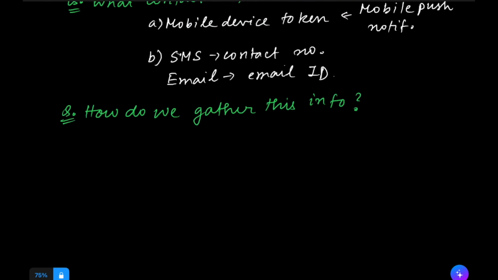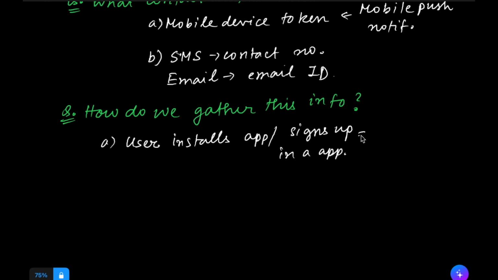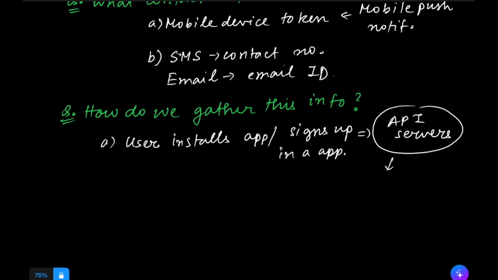Suppose for the mobile device token, what happens whenever a user installs the app or signs up in an application? The API servers collect the info and store it in the database.